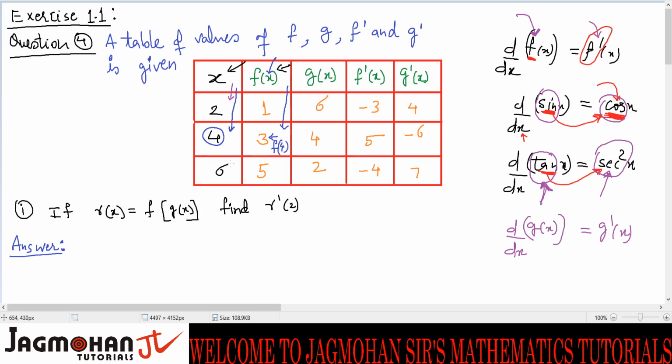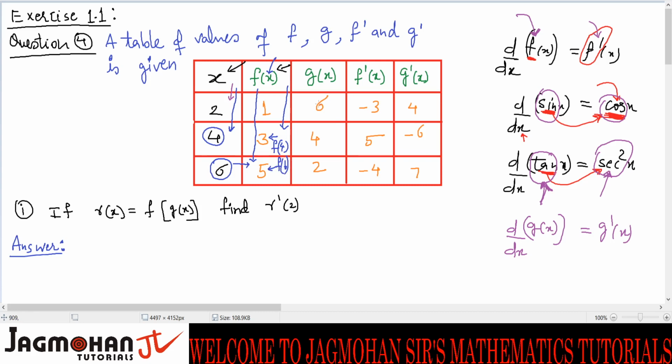Now when x value is 6, f of x value is 5. So in front of 6 and under f of x you have 5. When you plug in 6 in place of x, you get 5. This is f of 6.